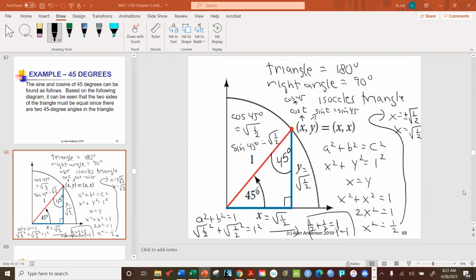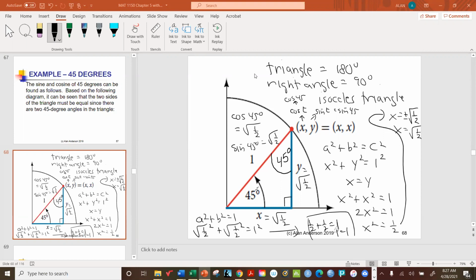So if you ever wondered why, when you're in high school, you were probably told to memorize these, but it may not have been explained to you why the cosine of 45 degrees is radical 1/2, and why the sine of 45 degrees is radical 1/2. Well, this is why. It's all about geometry. And of course, our friend Pythagoras.